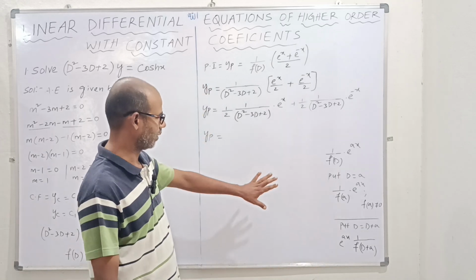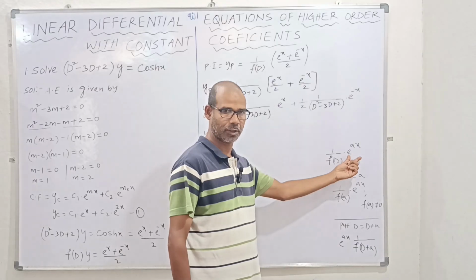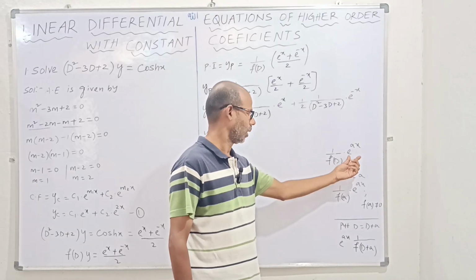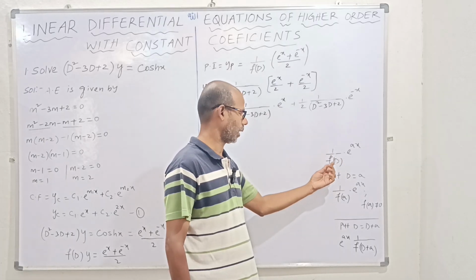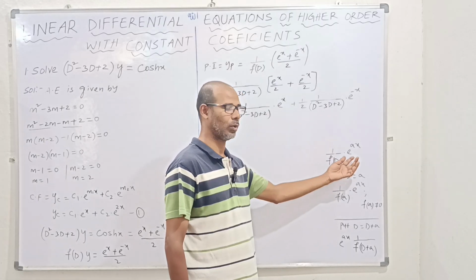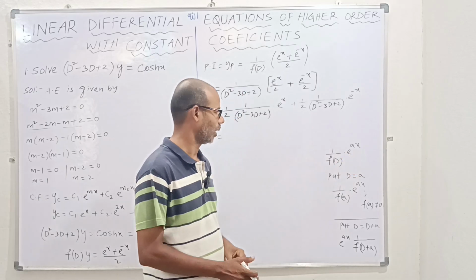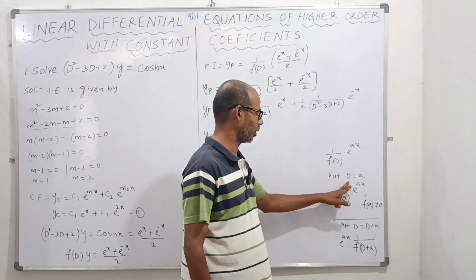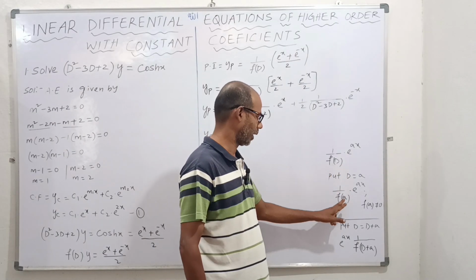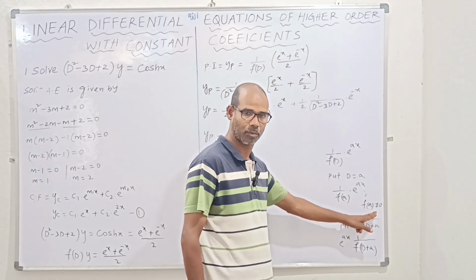Again, listen. When the function is an exponential function, that is e power ax, to find the particular integral we will write down as usual 1 by f of D into the function. We will put D equals a in the denominator, provided the denominator is not equal to 0.